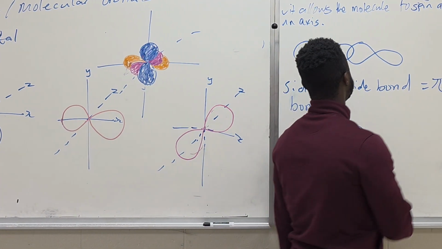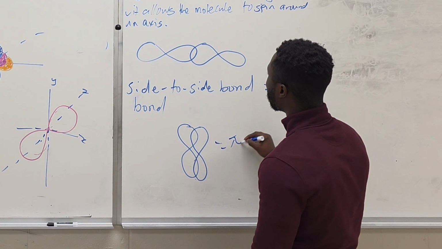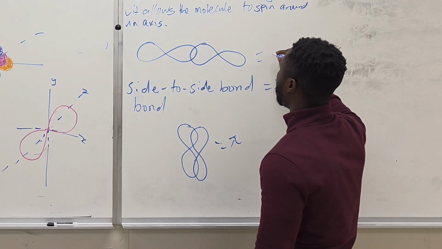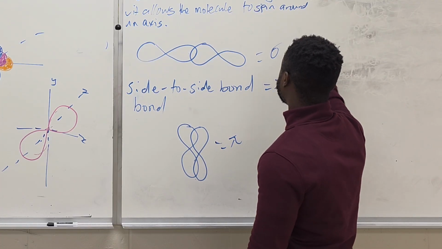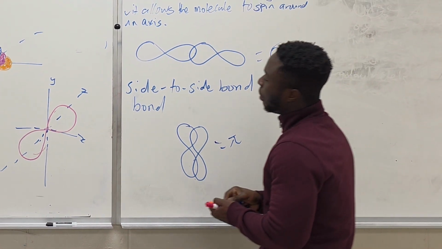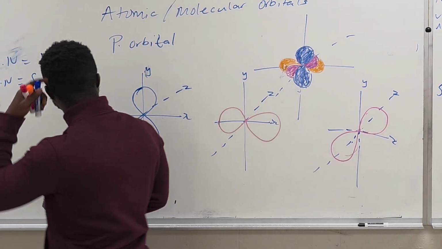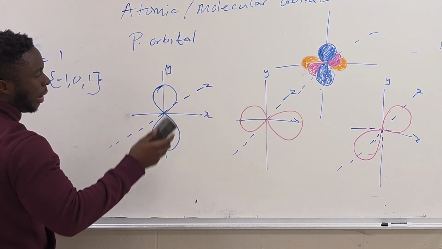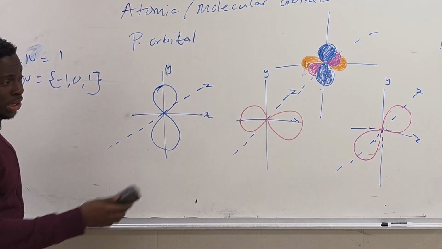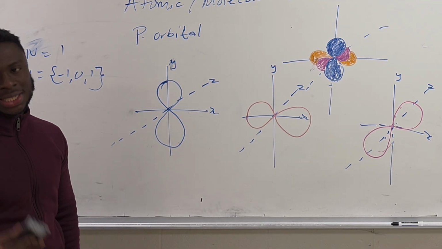Now, how the bonds form, whether it's side to side, being pi, or whether it's head to head, being sigma, right? Some orbitals overlap to form bonding and non-bonding hybrid orbitals, right? So this over here is a whole topic in chemistry called hybridization, right?